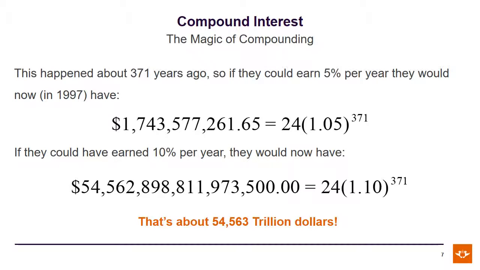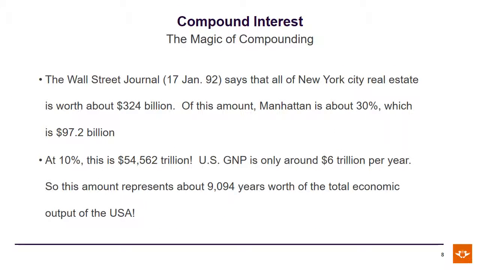That is quite something. According to the Wall Street Journal, all of New York City real estate was worth about $324 billion, and Manhattan makes up about 30% of this, so it should be worth roughly $97 billion.